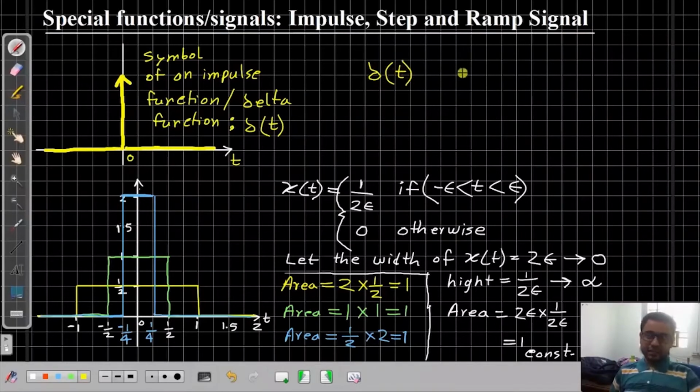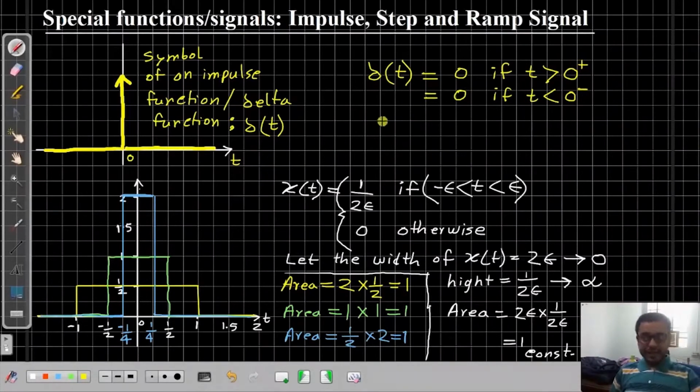Delta t will have a value of 0 if time is slightly greater than 0, or 0 plus. Its value will also be 0 if time is slightly less than 0, or 0 minus.